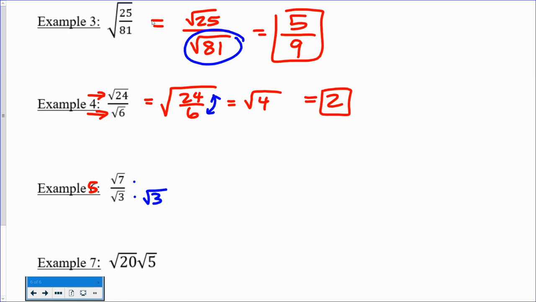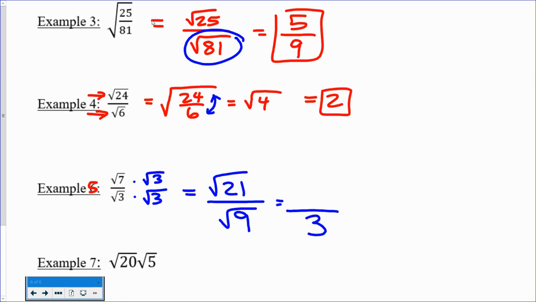So then I would not have a radical in the bottom, so then I also do that to the top. So I'm multiplying the square root of 7 times the square root of 3, which would give me the square root of 21. In the bottom, when I take the square root of 3 times the square root of 3, I get the square root of 9, which is 3. And then I can't simplify the square root of 21. There are no perfect squares that would divide 21. So then that would be my answer.